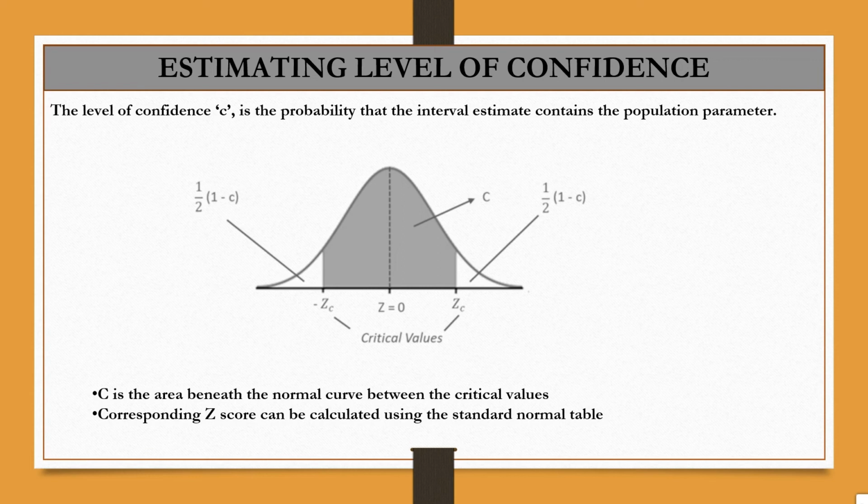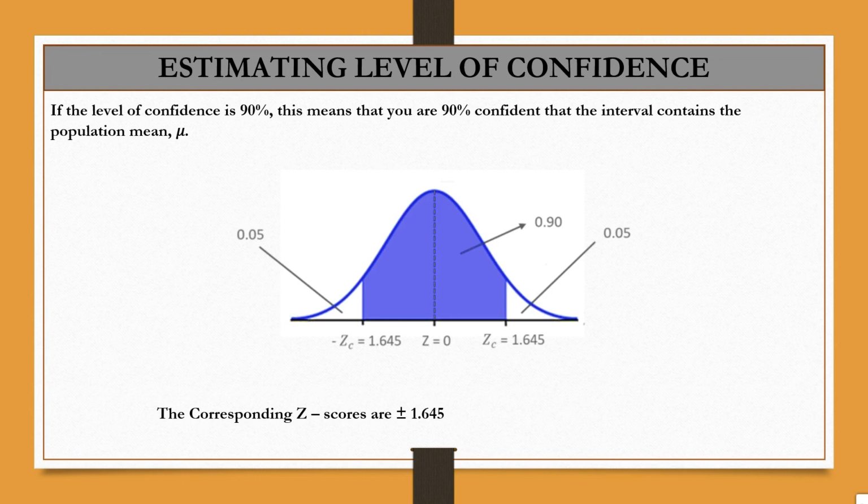Also, there's something known as the Z-score. This score can be calculated by using the standard normal table. If you look it up on Google, you will find the Z-score table, or the standard normal table. To understand how this is done, let's look at a small example. Let's say the level of confidence is 90%. This means you are 90% confident that the interval contains the population mean.